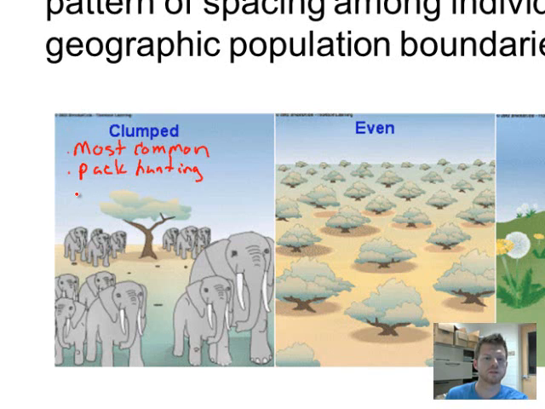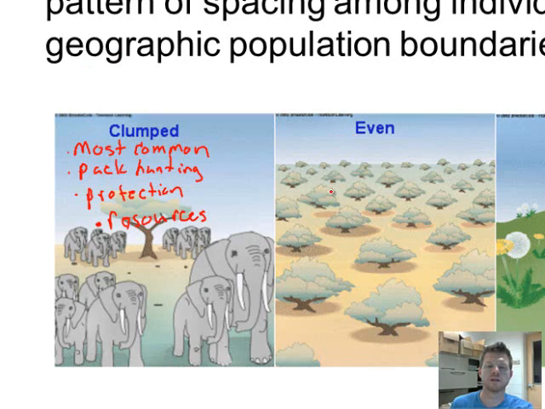Think of wolves. We might also think of protection in numbers. And there also might be an abundance of a particular resource in an area, so these organisms are going to be gathered around a resource.